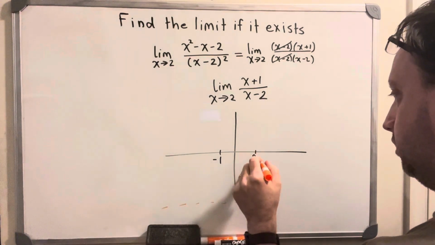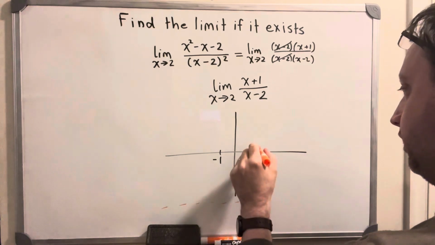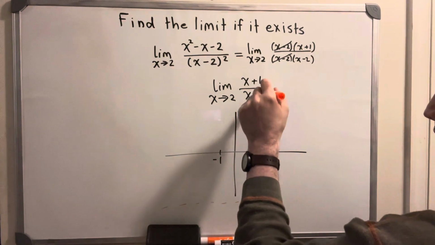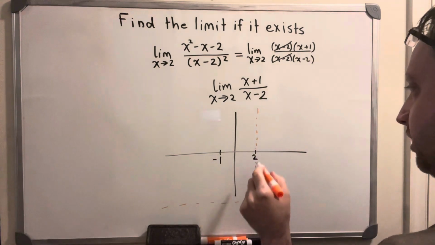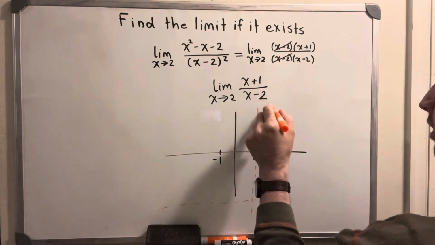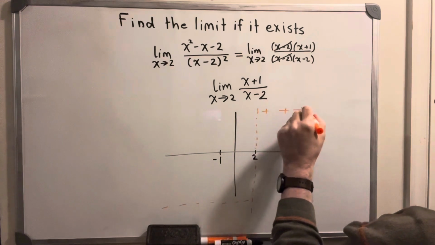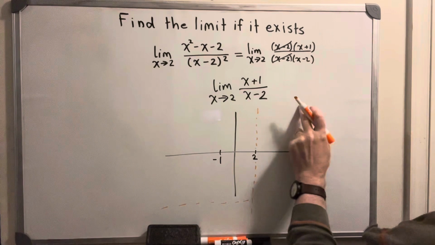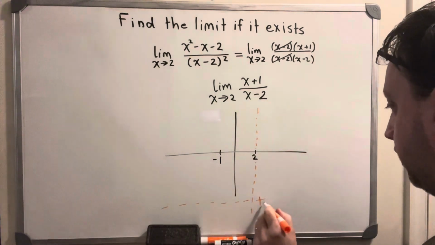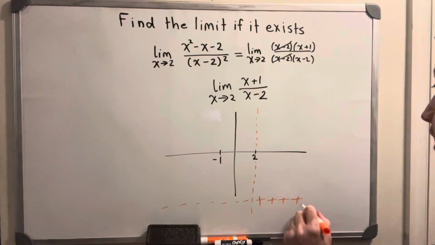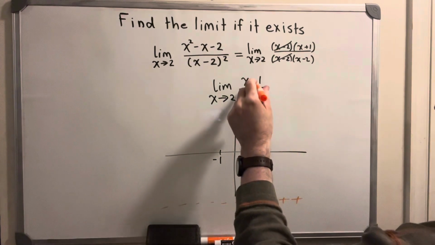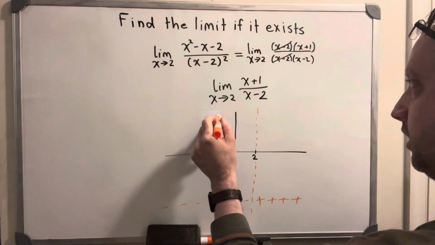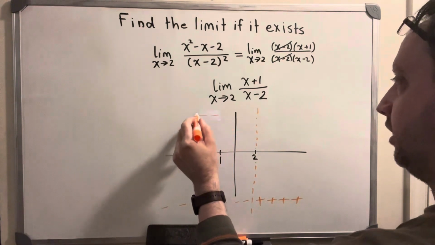And at 2, we know this whole thing is undefined because 2 minus 2 is 0, and a 0 division is undefined. But once we're greater than 2, the denominator is positive. Now the top function, x plus 1, is negative for values of x less than -1.